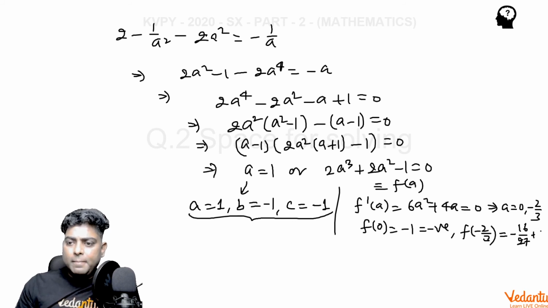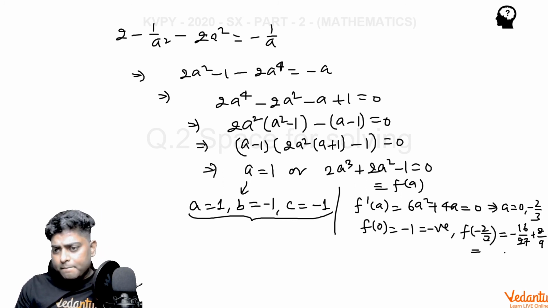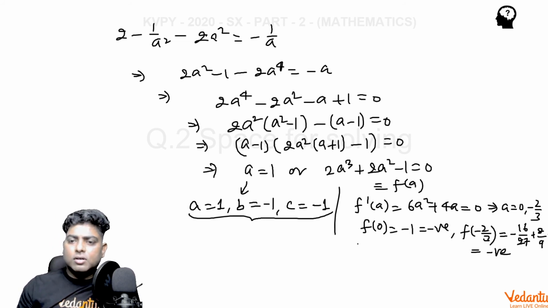So 8 by 9, I think, 4 into 2, 9, minus 1. So it is again, if you take it, a negative quantity. So obviously f of 0 into f of minus 2 by 3 is positive.